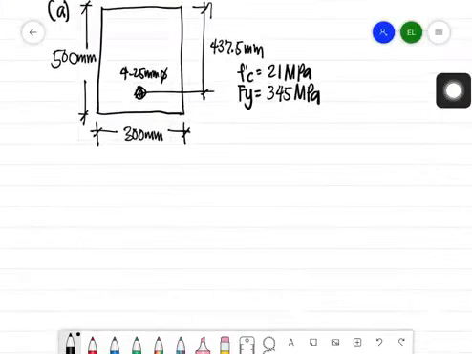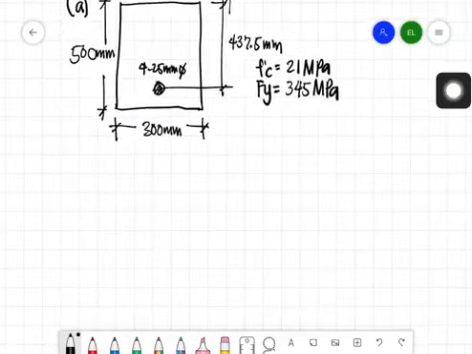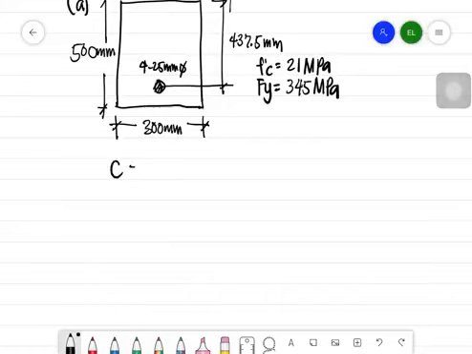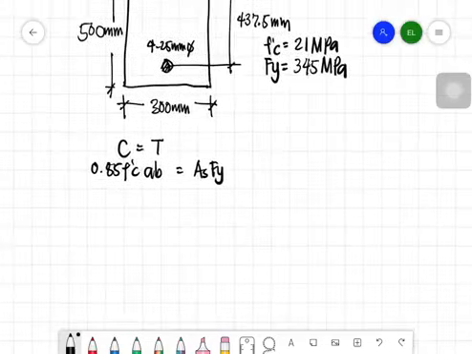Let me solve that one. You already know that C, the compression force due to the compression block at the compression section, is equal to T, the tensile force generated by the steel bars. So we have C is 0.85 f'c a b, which is equal to As times fy.